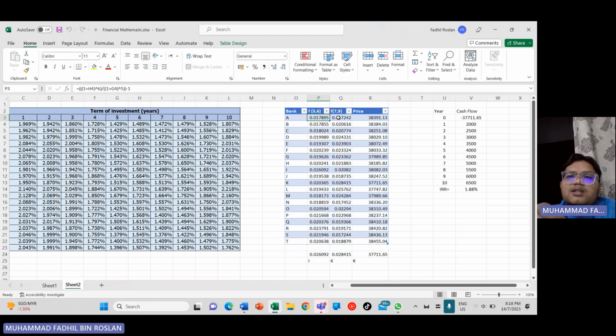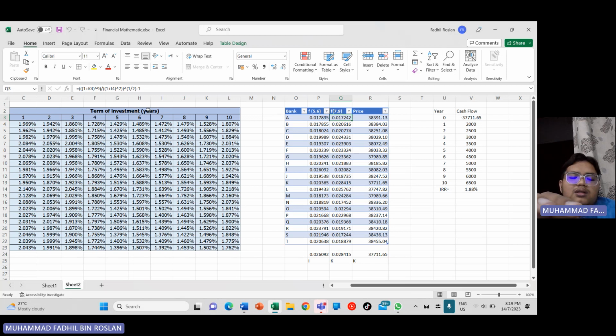For question 2, from 7 to 9, we do the same: 1 plus the spot rate of the 9th year, 1.528%, to the power of 9, divided by 1 plus the spot rate of the 7th year, 1.427%, to the power of 7.